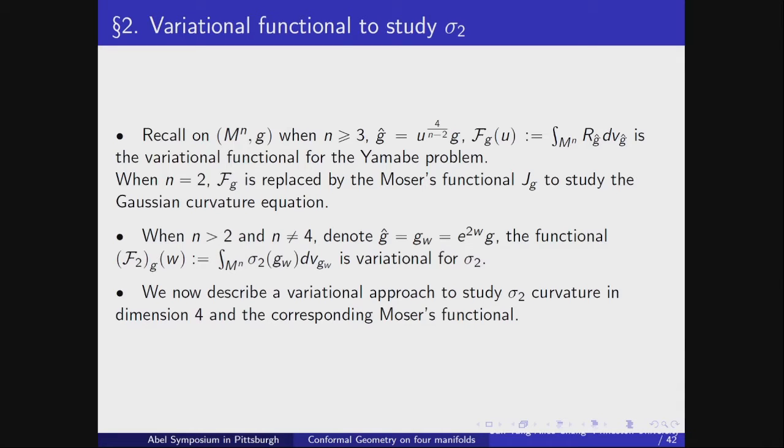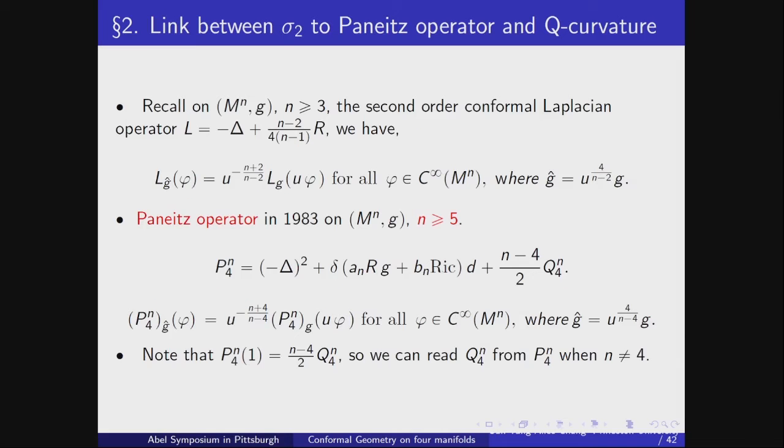It's a constant under conformal change. So we are seeking a functional, like the Moser functional for the Gaussian curvature problem, to study sigma 2. Okay. What is the variational functional to study sigma 2? It turns out the answer comes from a surprising source. So let me tell you what this is.